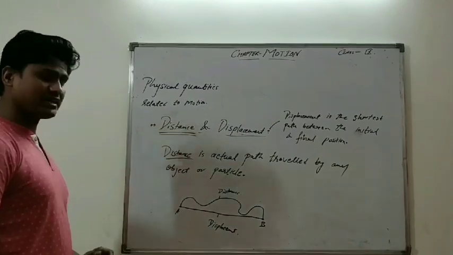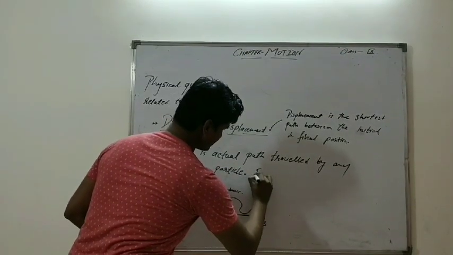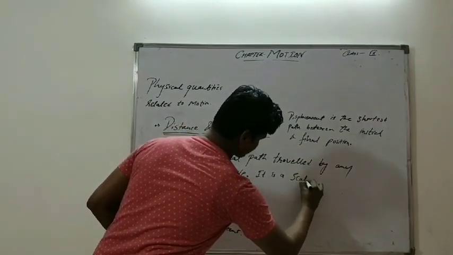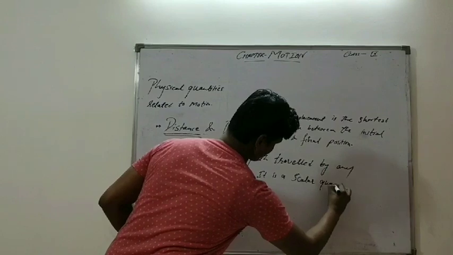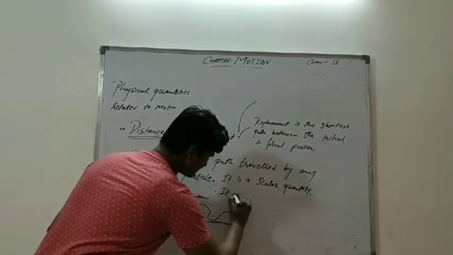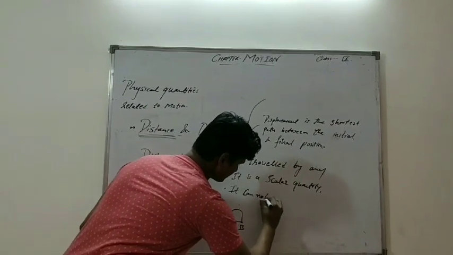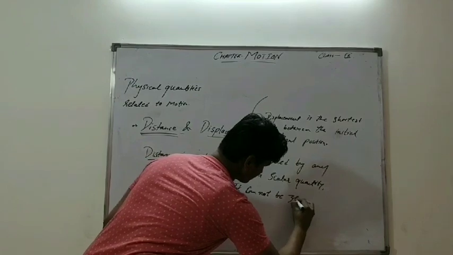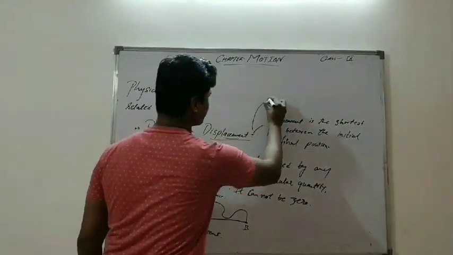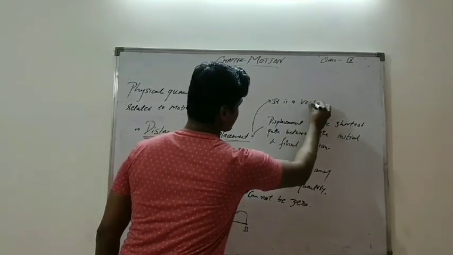The thing which has to be remembered is that distance is a scalar quantity. Another thing, distance cannot be 0. Similarly, displacement is a vector quantity.